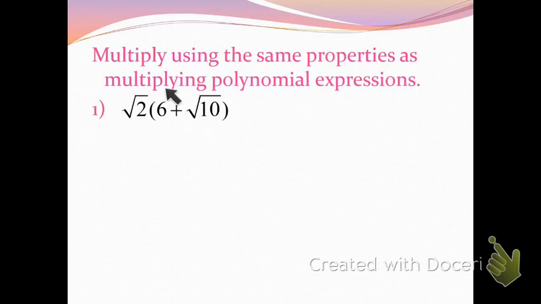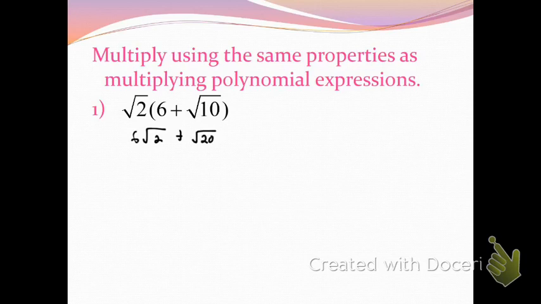So I have a monomial times a binomial. We're going to use the rules that we know for working with radical expressions, and I'm going to help you out here. This is 1 square root of 2 times 6, so that becomes 6 square root of 2 plus, now these are both radicals, so square root of 2 times square root of 10 would become square root of 20.